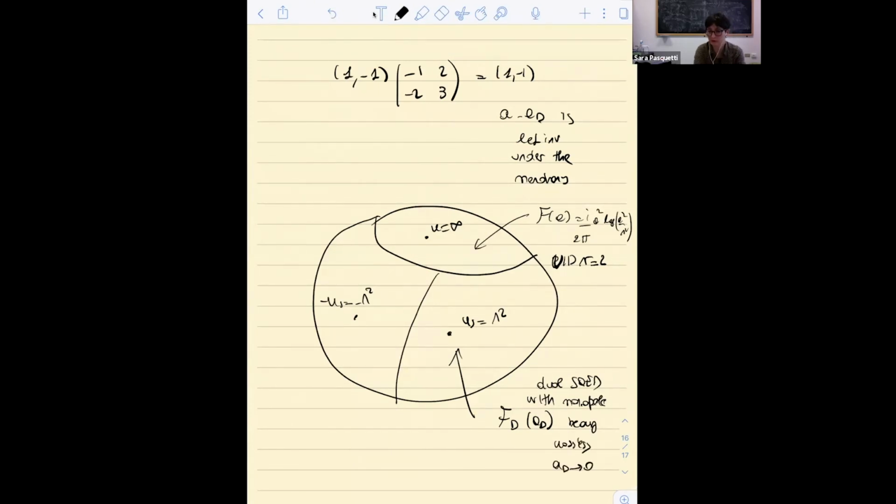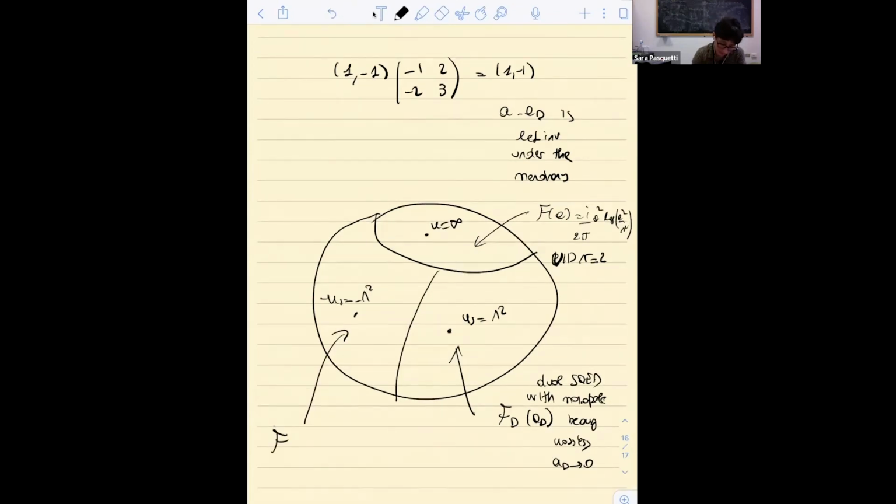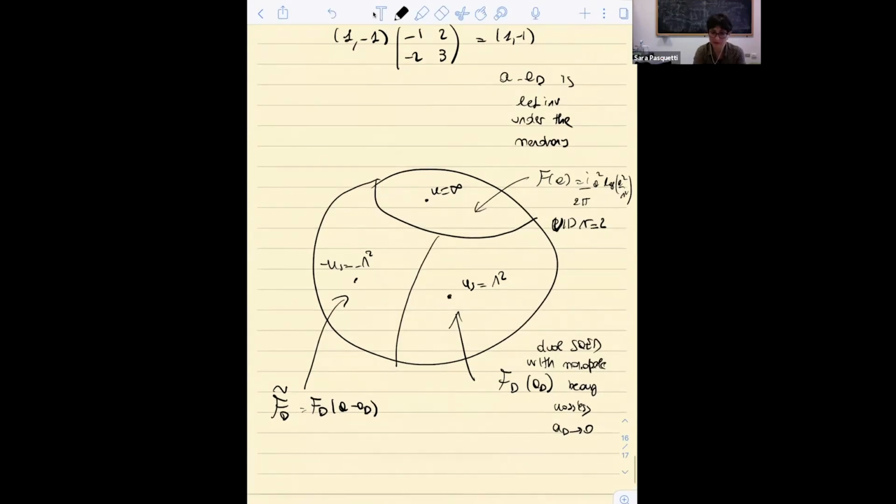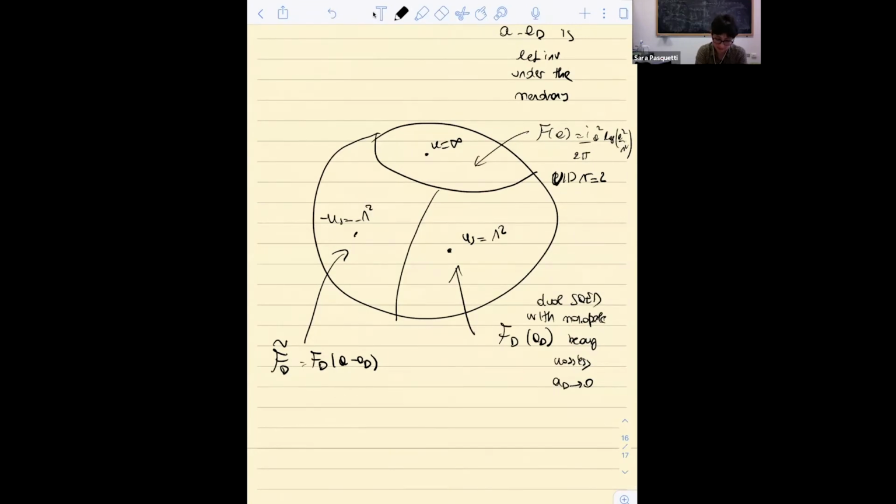So in this phase, A dual is going to 0, is the mass of the monopole, is the vanishing coordinate. And then there is this other region where we have instead a description in terms of another phi dual, which is basically by the U into minus U symmetry, just the same function that we had at the US point, but now the vanishing coordinate is A minus A dual.